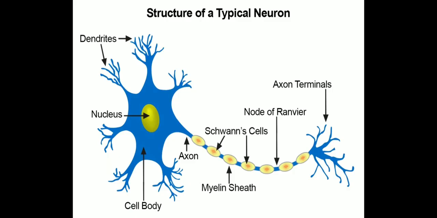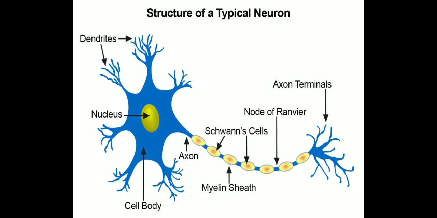Axon is enclosed in a fatty sheath. That fatty sheath is called myelin sheath. The outer covering of myelin sheath is neurilemma. Myelin sheath and neurilemma are parts of another cell called Schwann's cell. Schwann cell shows a nucleus at the periphery.